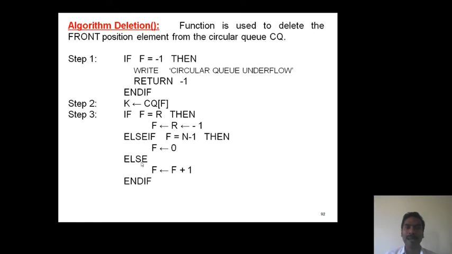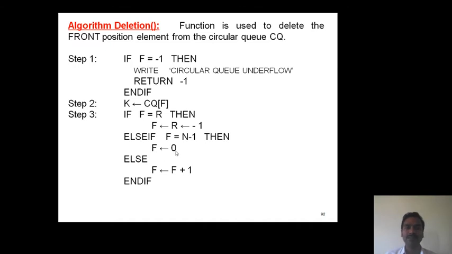Now the process of comparison. If F equals R, that means the circular queue consists of only one element, then F and R are both set at -1. Else if F equals n minus 1, that means the F variable reaches the n minus 1th location, then F equals 0.